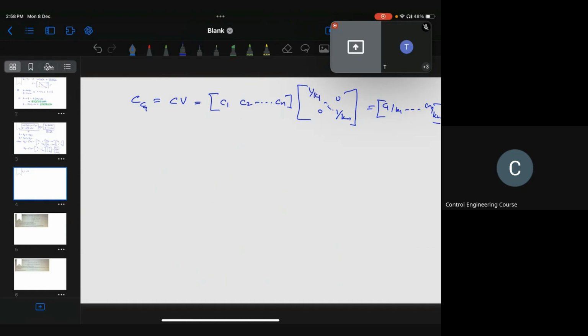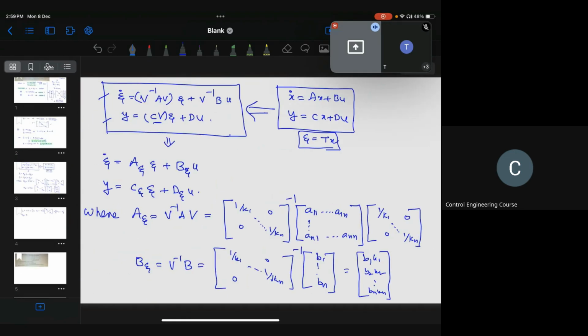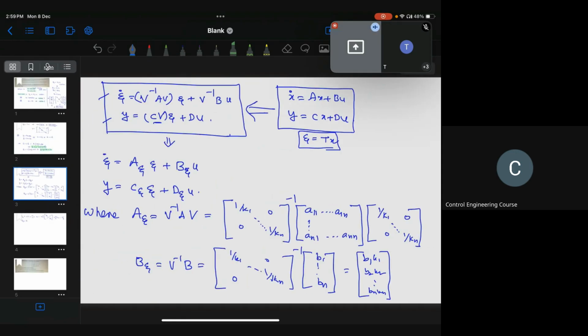Finally D zeta is D only. These are the four matrices.